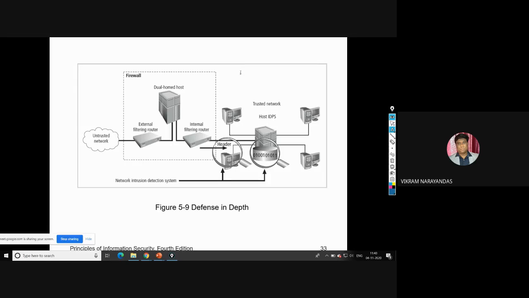You can see two types of IDS here: one is host-based IDS, intrusion detection system. The next one is the network-based IDS.